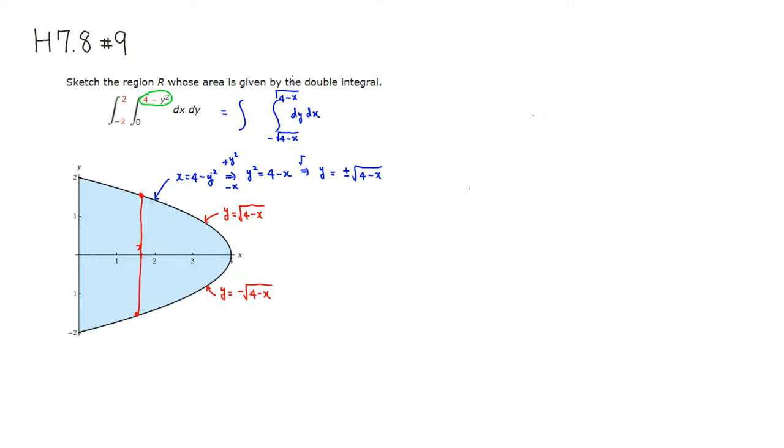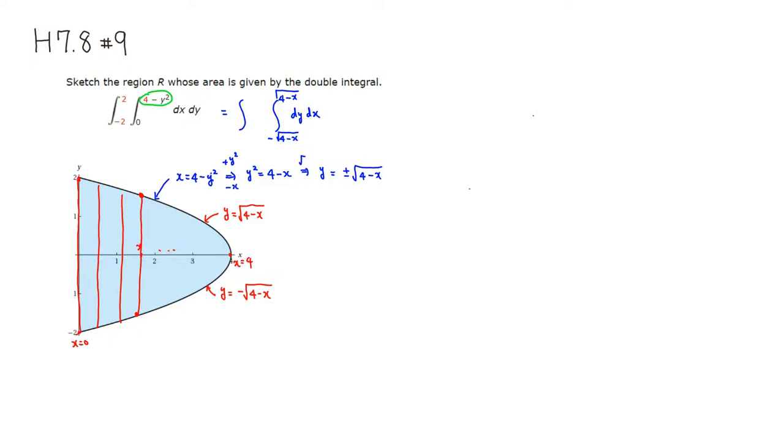Then x starts from here, where x equals 0, and you just keep on covering it like this, all the way to this point where x is equal to 4.